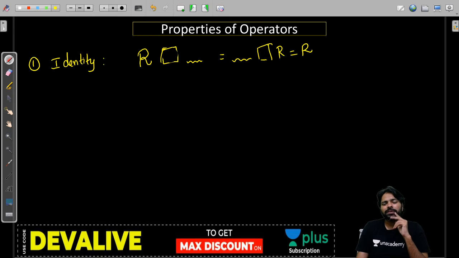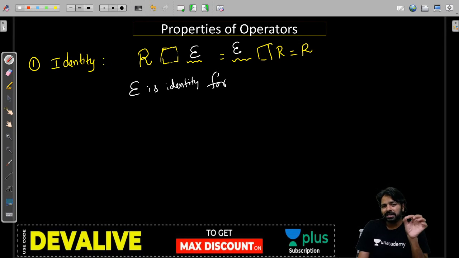Quick, what should that be? That should be epsilon. This is called identity. Epsilon is identity for R. Not for R, it's about the operation: identity for that particular operation.